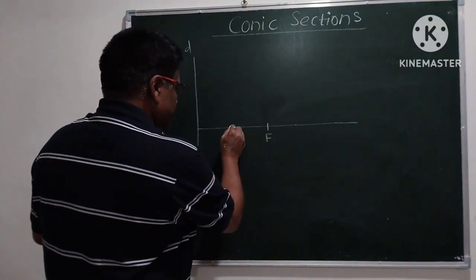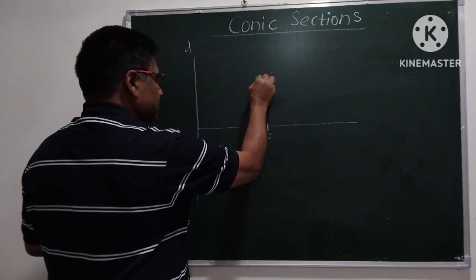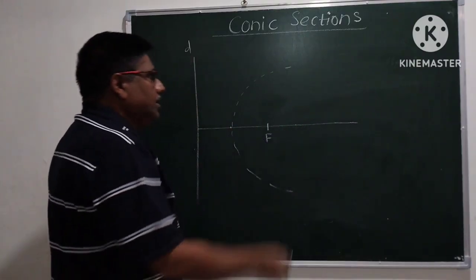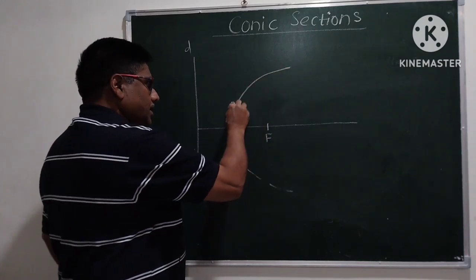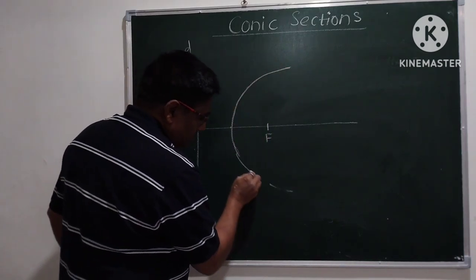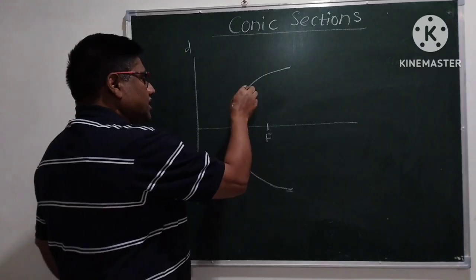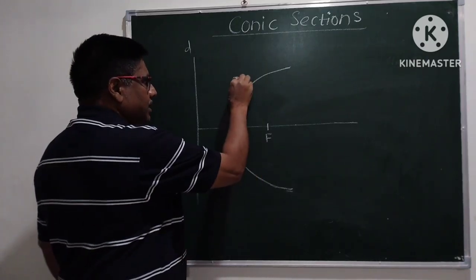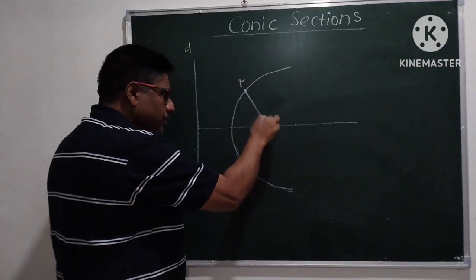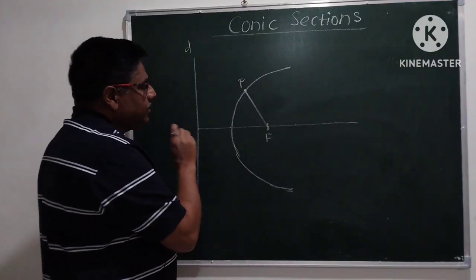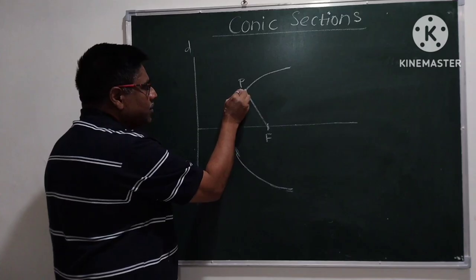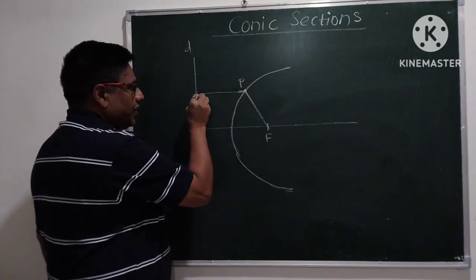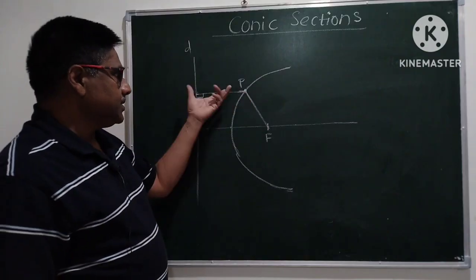Now let us draw one curve. If I take any point on this curve, say P, and join this point with the focus F, and if I drop a perpendicular from this point onto this fixed vertical line, that is the directrix, then I get two distances.